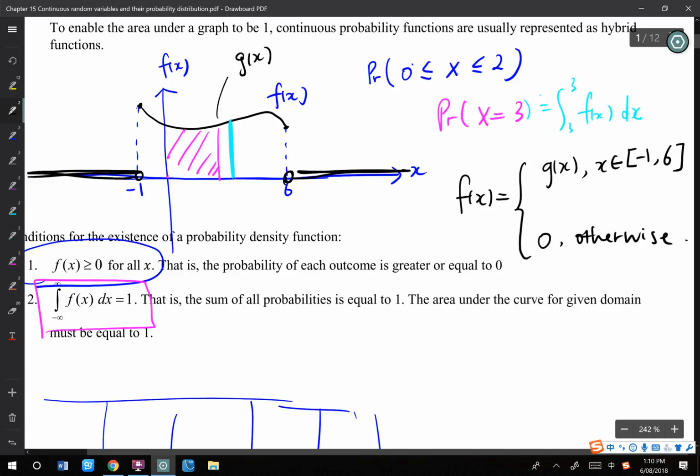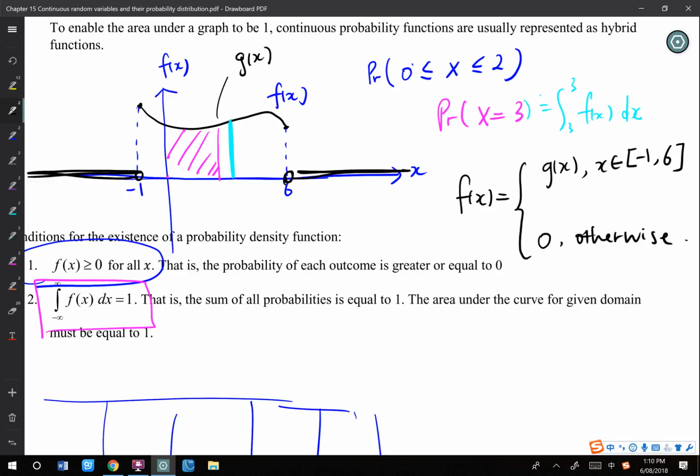Only from -1 to 6, I have density, which follows the function g(x). For the rest of the x, I will have 0. You must sketch those 2 horizontal lines on the axis, like those 2 black lines. I don't care how you do it, but you must make me see that there are 2 horizontal lines for the other values.